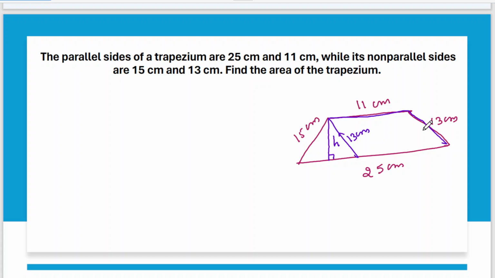Basically, I am drawing a parallelogram. This is parallel to this, and from here it is 11 centimeter. Okay. So, got the point? In a parallelogram, opposite sides are parallel and equal. So, this is your 13 centimeter. Now, total is 25 centimeter. So, out of this, this is 11 centimeter.